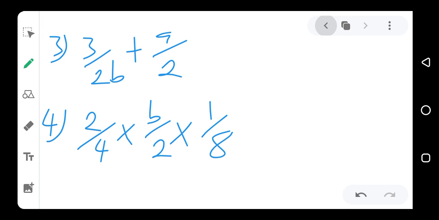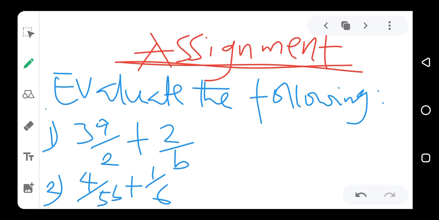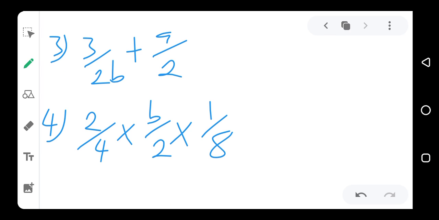In your assignment, you are going to evaluate the following: 1, 3a over 2 plus 2 over b. Number 2, 4 over 5b plus 1 over 6. Then 3, 3 over 2b plus a over 2.